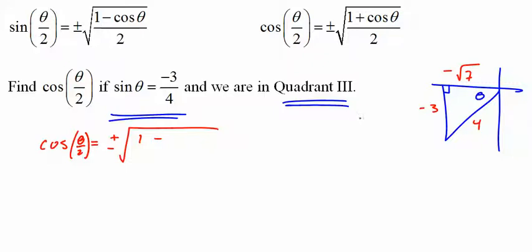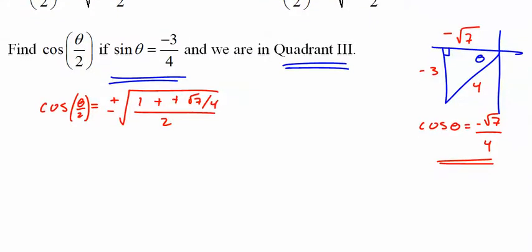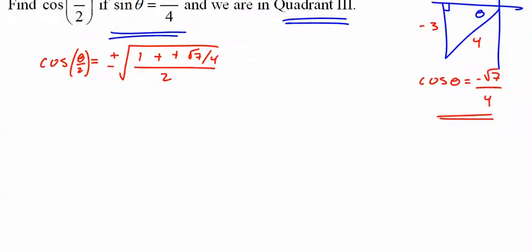Let's say cosine of theta equals negative root 7 over 4. 1 minus negative root 7 over 4. Now I'm going to do the algebra relatively quickly, so watch carefully. You can pause it and rewind it, but it's all just basic algebra from here.